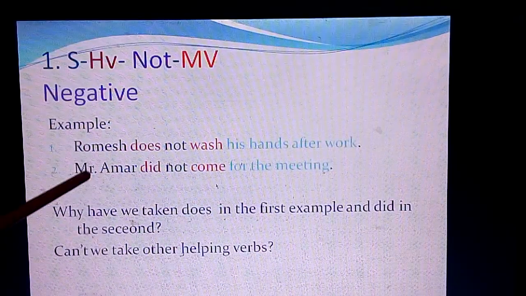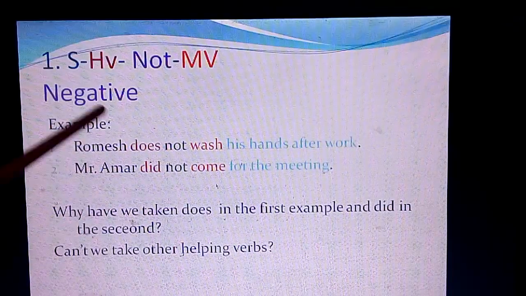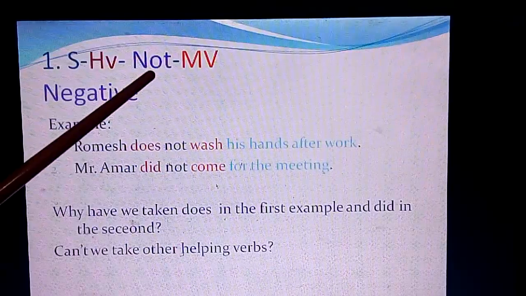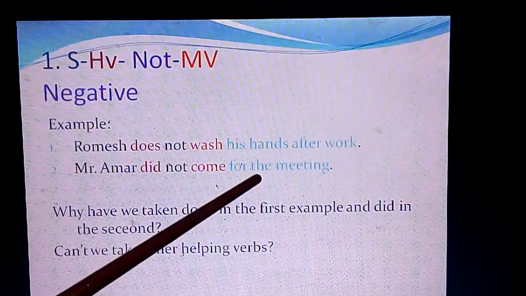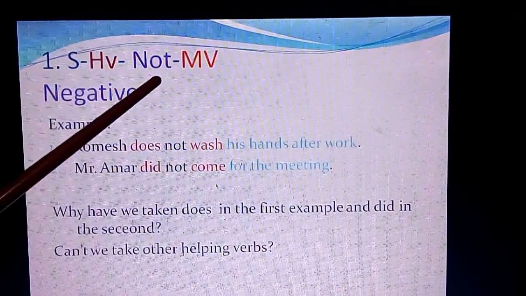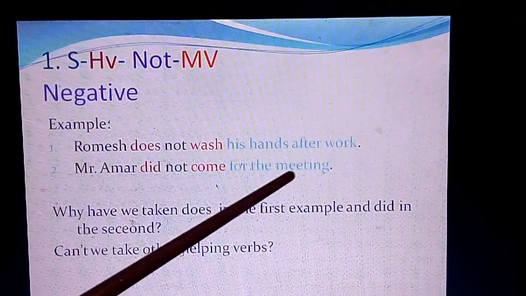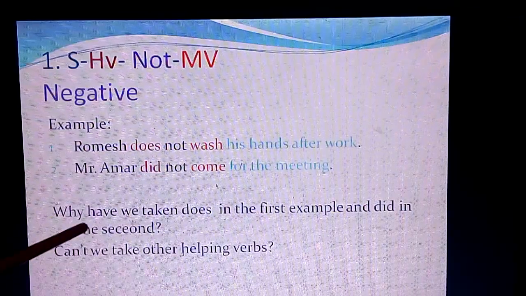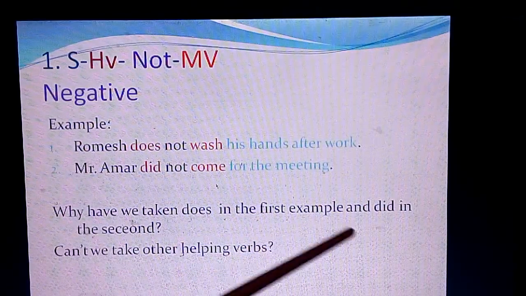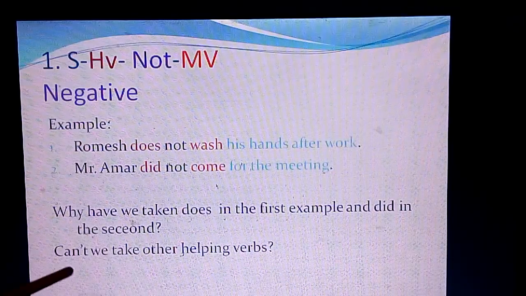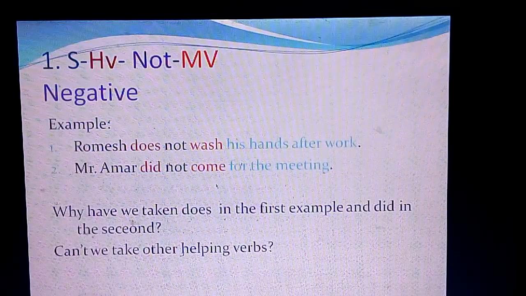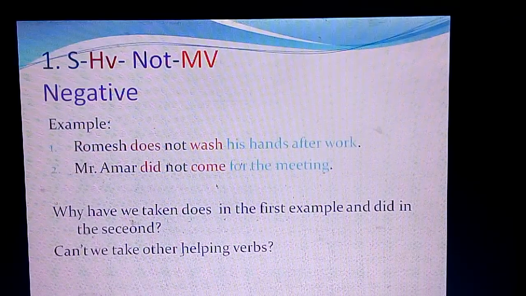Then the second one is Mr. Amar did not come for the meeting. So why have we taken does in the first example and did in the second? Can we take other helping verbs? So just think about it and let us continue.